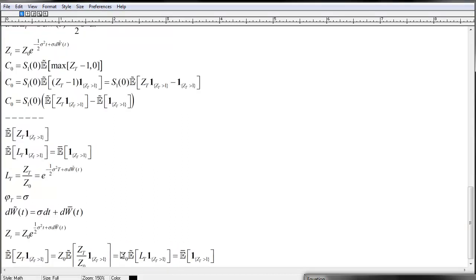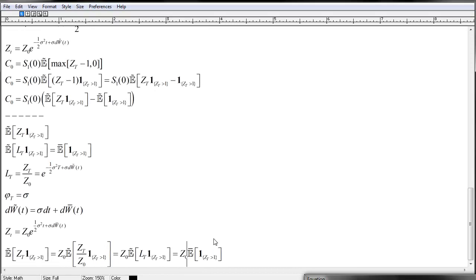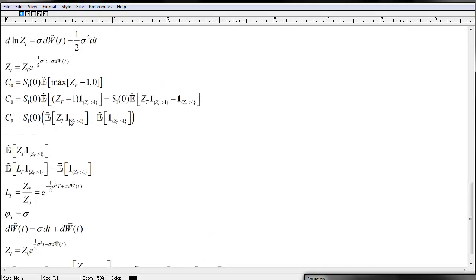So this is really very tricky. The measure transformation is very handy. What I have here is the solution for this term, which can be plugged in in this place, and I have some more terms over here.